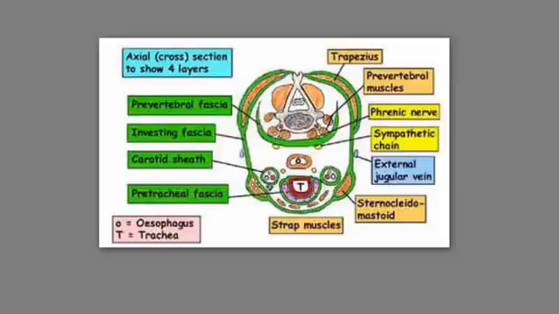You've got the carotid sheath, which contains the common carotid artery, the internal jugular vein and the vagus nerve. You've got the pretracheal fascia, which encloses the larynx, trachea, thyroid gland and esophagus, so the viscera of the neck. And you've got the prevertebral fascia around the cervical vertebrae and the associated deep muscles, scalene muscles and prevertebral muscles. So that's the organisation of the neck.